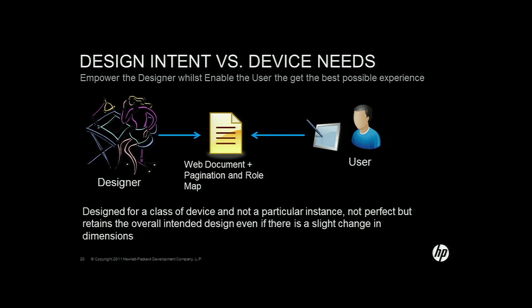If the designer does so, she will be able to design a document that fits a particular class of devices. I'm saying class because, as you have seen from the examples, I can always refer to my sizes in percentages or relative sizes to the outer container.